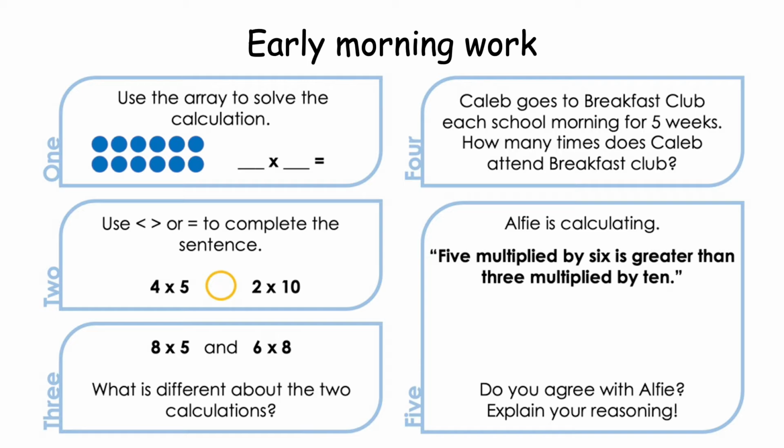And then number 5, Alfie is calculating 5 multiplied by 6 is greater than 3 multiplied by 10. Do you agree with Alfie and explain your reasoning? What I would do is work out the first calculation, 5 multiplied by 6, and then do the next, 3 multiplied by 10, and see what you see. Okay, so pause the video now and have a good go.